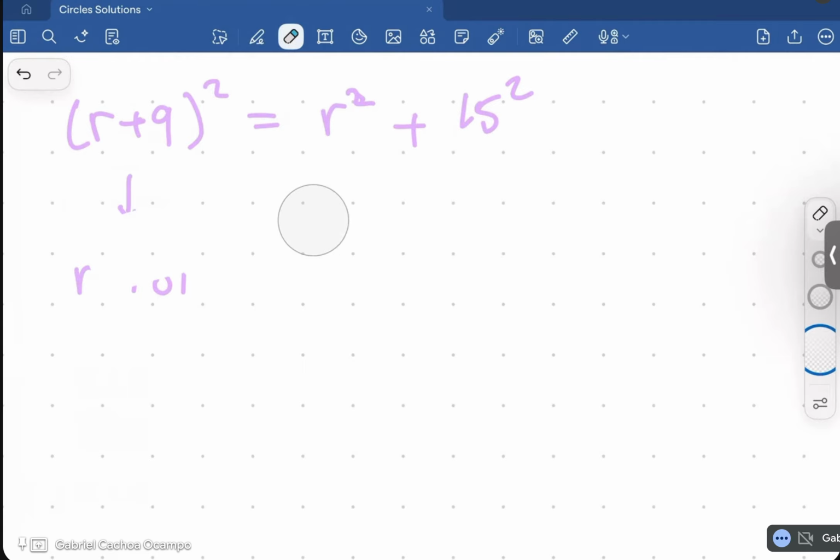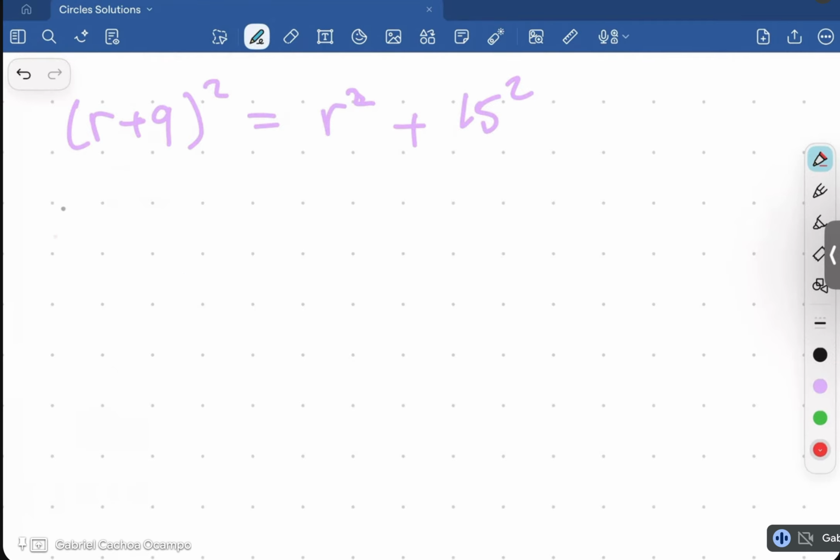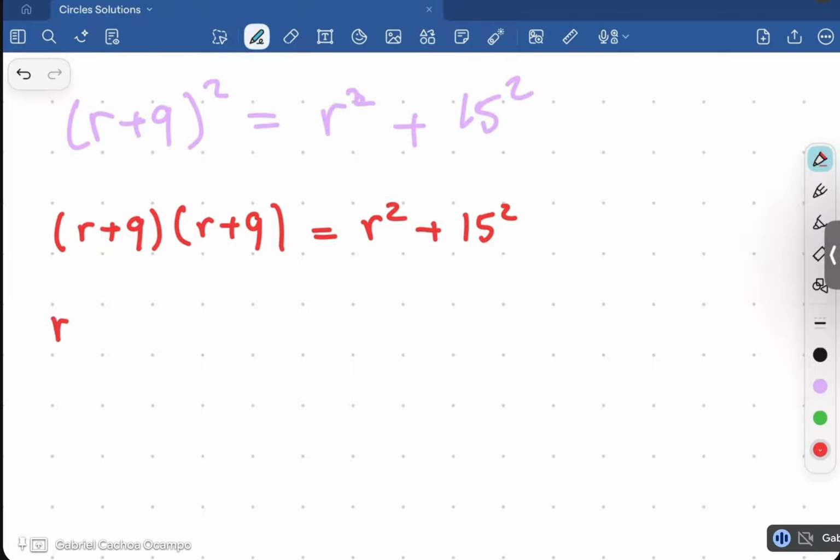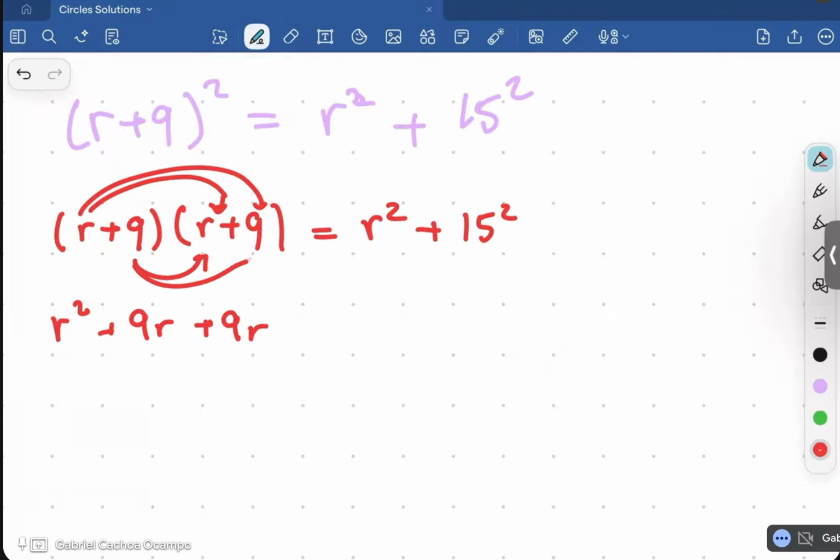What is r plus 9 squared? r plus 9 squared is r plus 9 times r plus 9. So you need to do some FOIL, no? So let us FOIL. So this is r squared plus 9r plus 9r plus 81 equals r squared plus, I believe, 125.